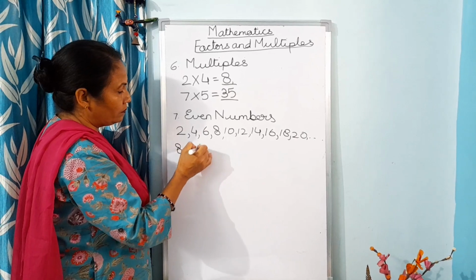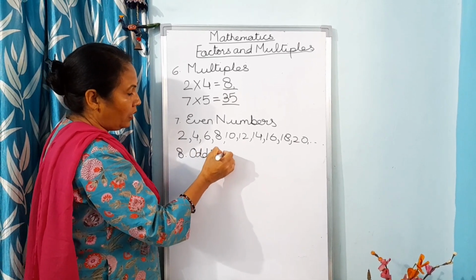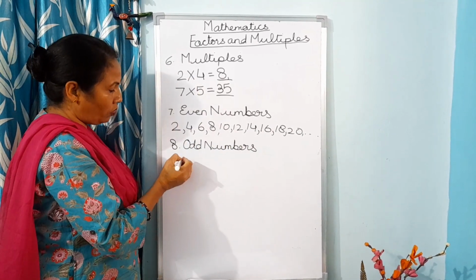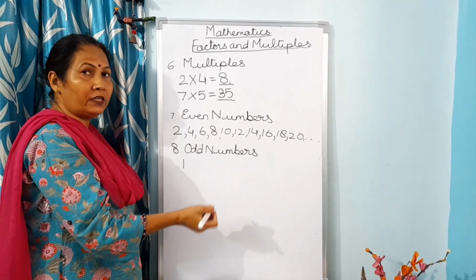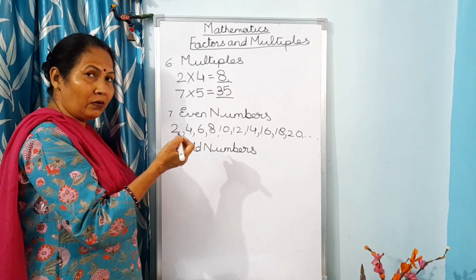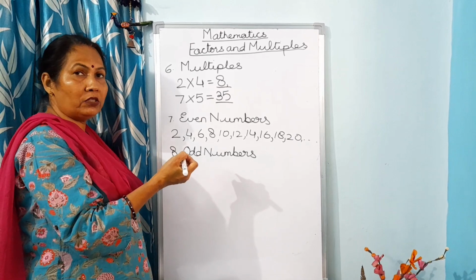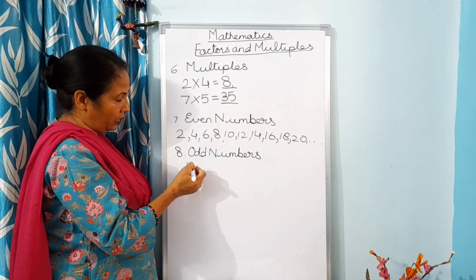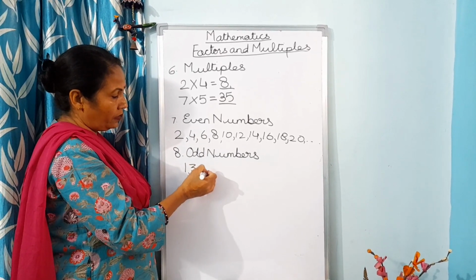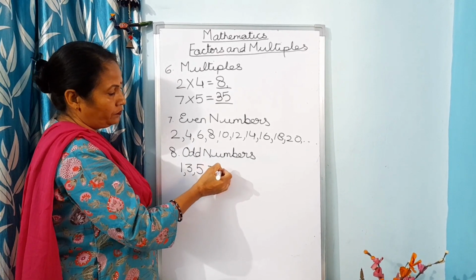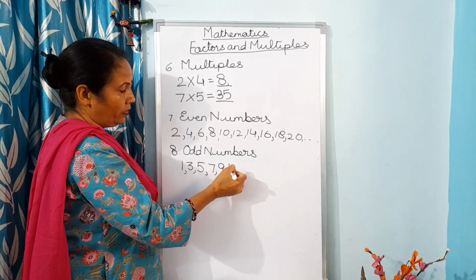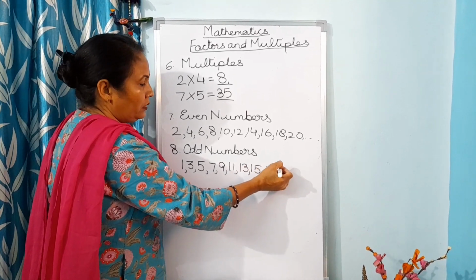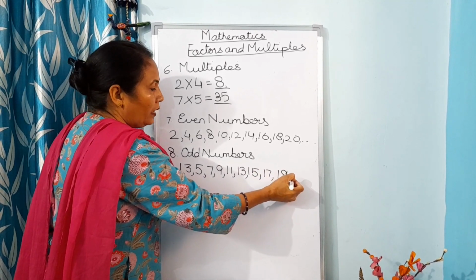Now next is odd numbers. Now children, in odd numbers you begin from 1 and every alternate number is an odd number. Why is it called an odd number? Because it is not divisible by 2. And those numbers are 1, 3, 5, 7, 9, 11, 13, 15, 17, 19 and so on.